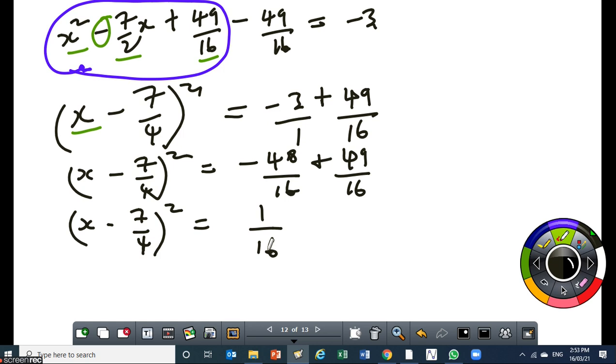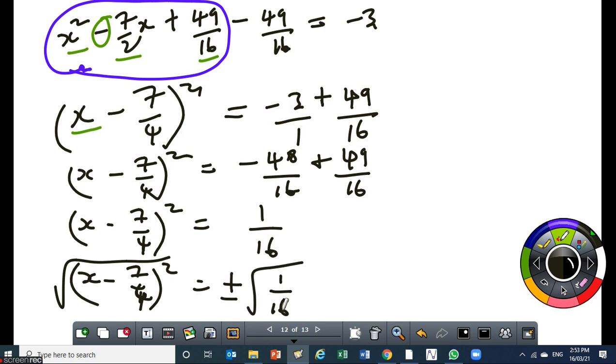Then here, you take the square root on both sides. This one here becomes plus or minus the square root of 1 over 16, like that. Remember, if you find the square root on the left, you also have to find the square root on the right.